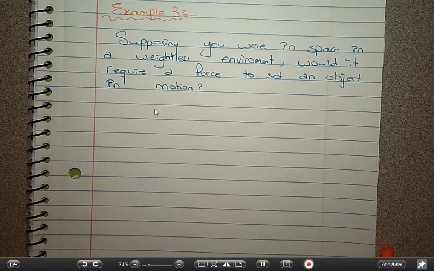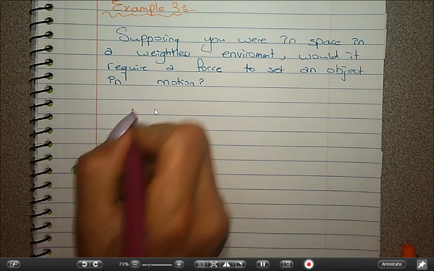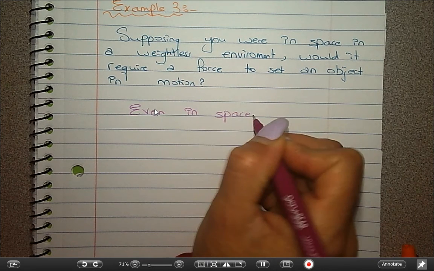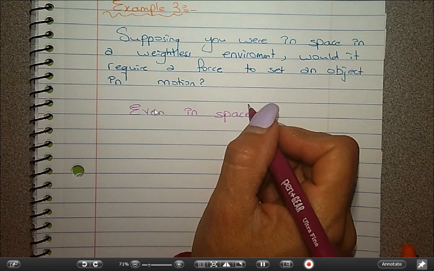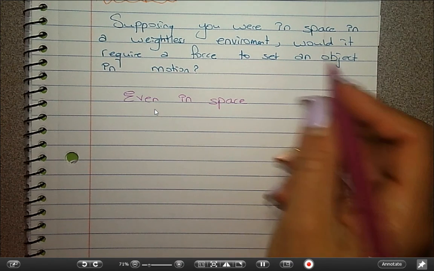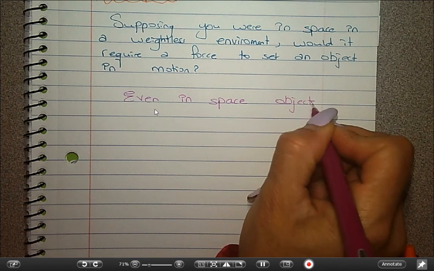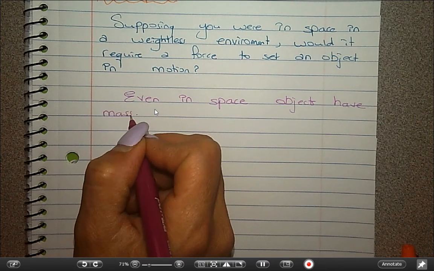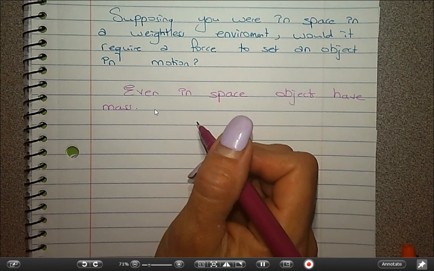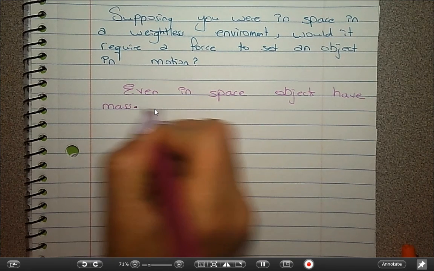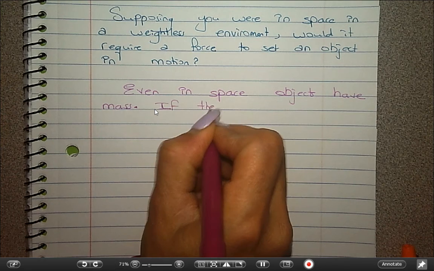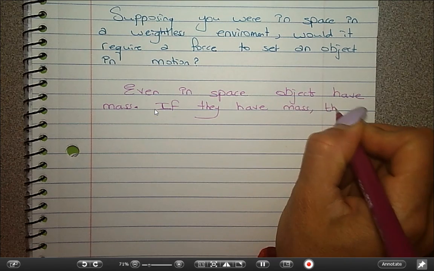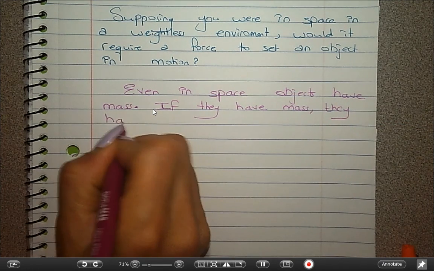Because even in space, objects have mass, right? Remember you always have to do your CER. So when you say yes or no, you have to explain it. So even in space, objects have mass. And if they have mass, they have inertia.